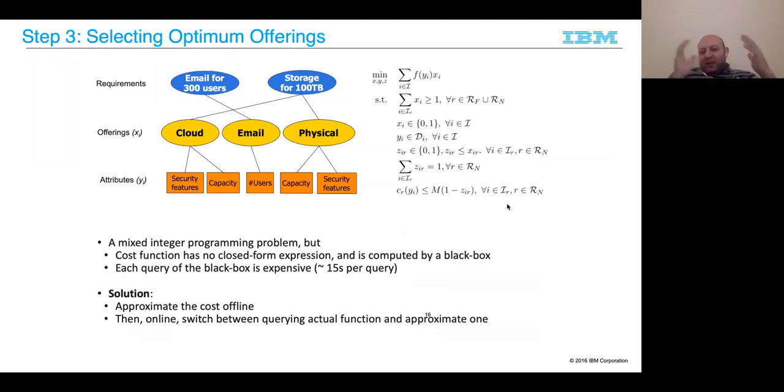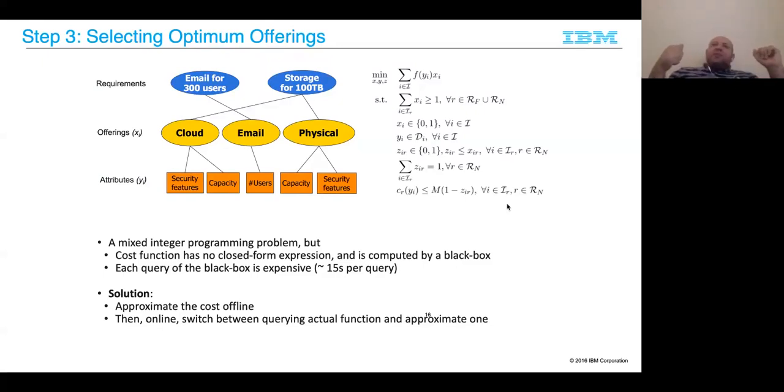Why is that? Because, and I'm sure there will be something similar in the construction industry, for each offering, there is a team that works on the cost of that offering, and they develop big complex tools on how to determine the cost.